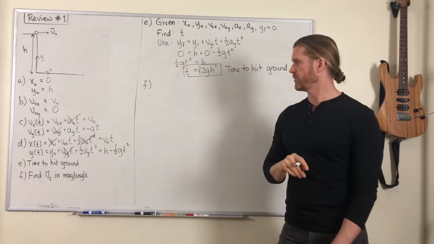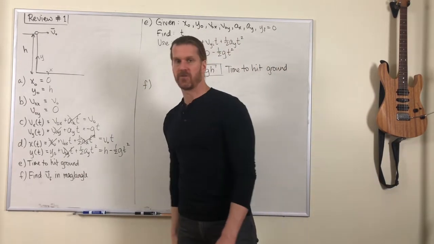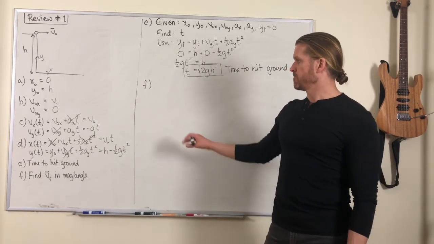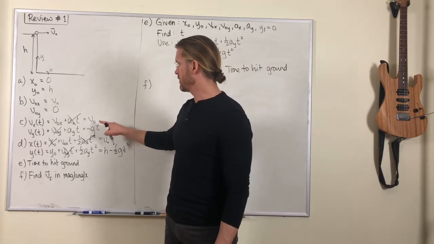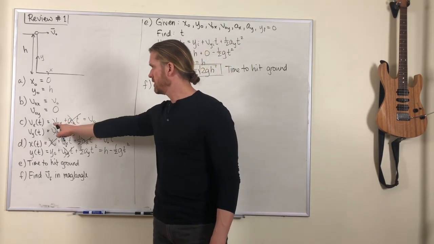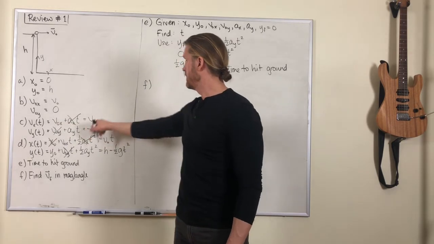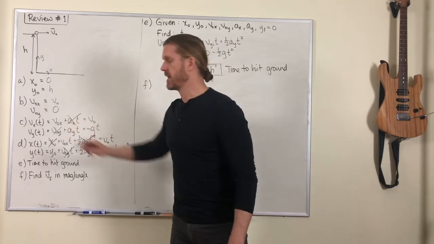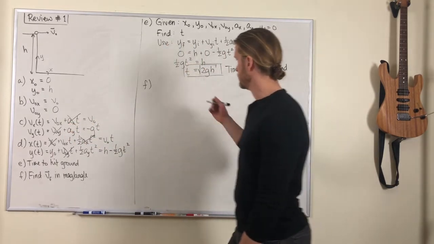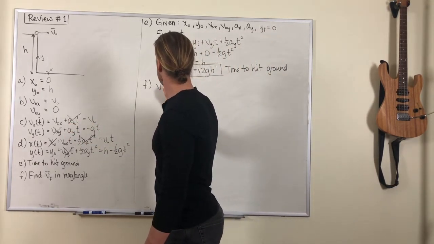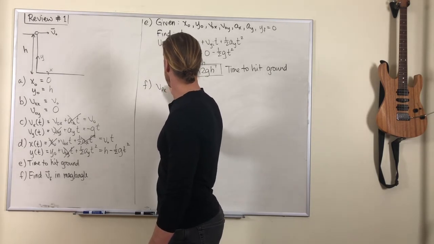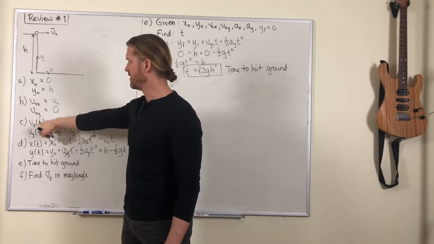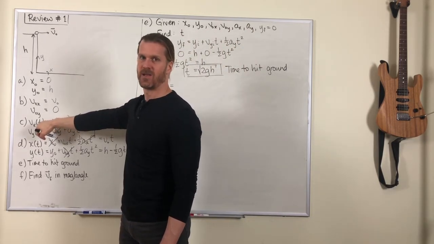Now in part F, we're asking for the final velocity vector in magnitude angle form. So we can do that most directly by just plugging in this time we found into our equations for Vx and Vy as a function of time. So V final x, when we hit the ground, is this thing evaluated at the time we just found.